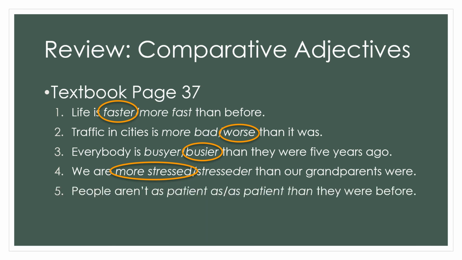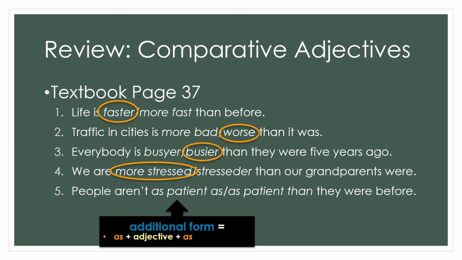And number 5, people aren't as patient as, or as patient than, they were before. The as adjective as is an additional form of comparative adjectives. So the correct response is people aren't as patient as they were before.